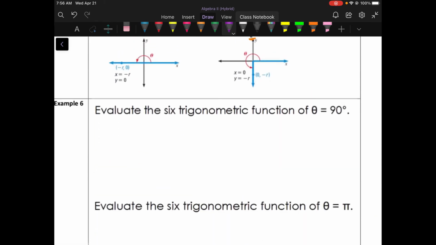It says evaluate the 6 trig functions of 90 degrees. So let me just write those out. So we have sine, cosine, tangent, cosecant, secant, and cotangent.